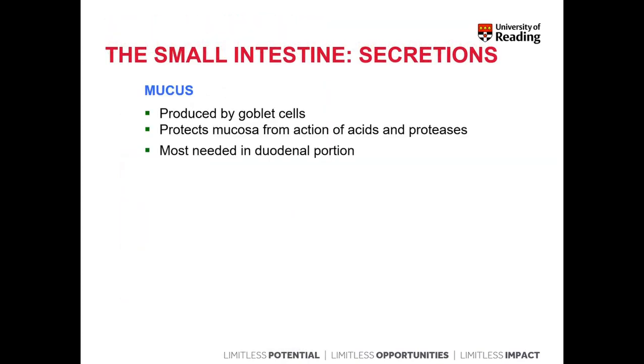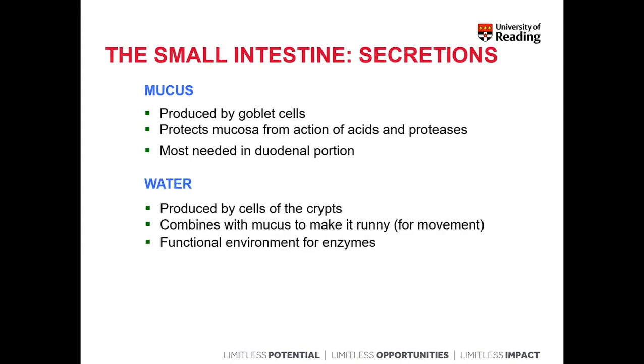So the exocrine secretions that we have in the small intestine are mostly mucus produced by goblet cells and forming a thick layer that protects the mucosa against the damaging action of acids and proteases. And it's mostly produced in the duodenal portion.